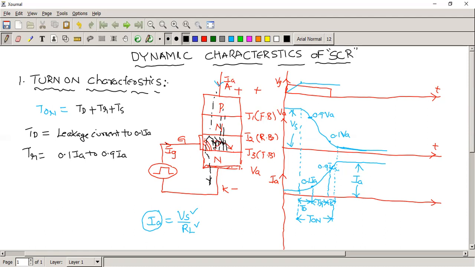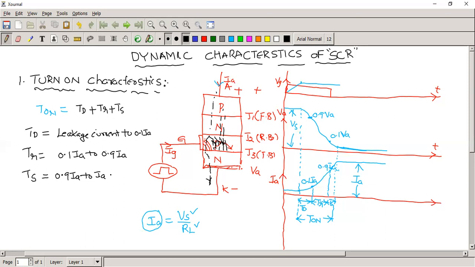It is trying to distribute, but the uniform distribution of the anode current inside the device is not completed. This time is the spread time, equal to TS. It is the time taken by the anode current to change from 0.9 IA to IA. This time is nothing but the spread time.